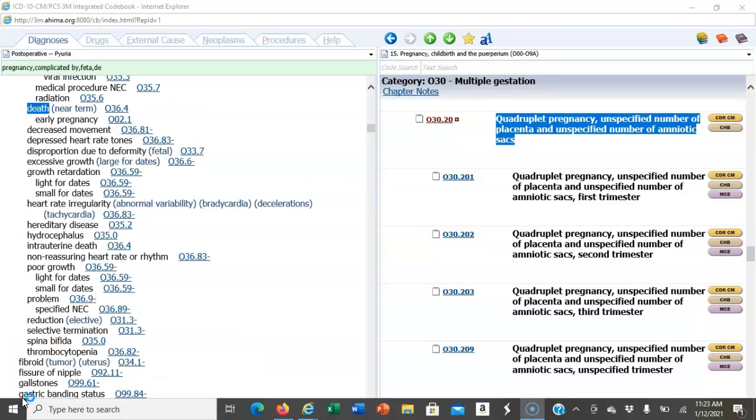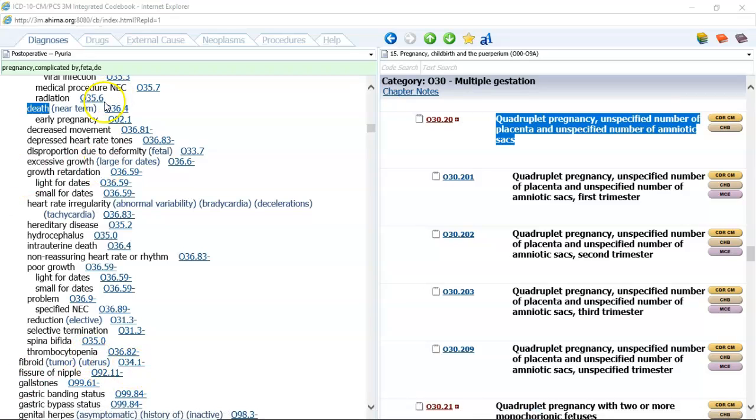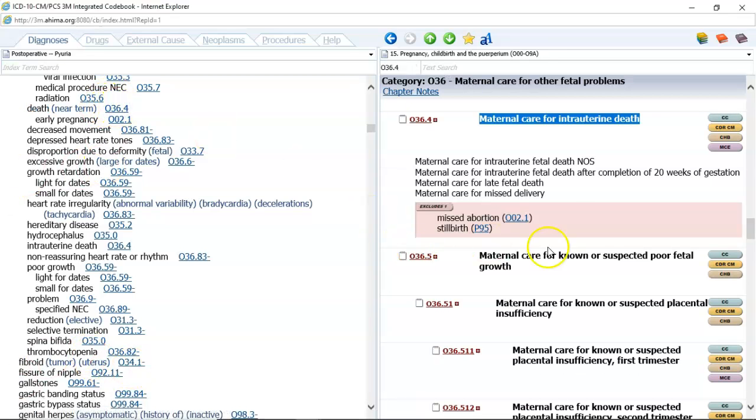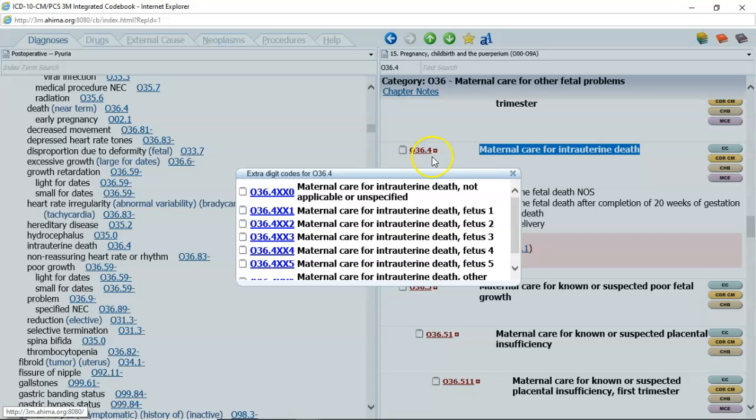Now for the infant that was stillborn, that is a fetal death. And we go to pregnancy complicated by fetal death, O36.4. Let's look at that code in the tabular. And we're going to need additional characters.